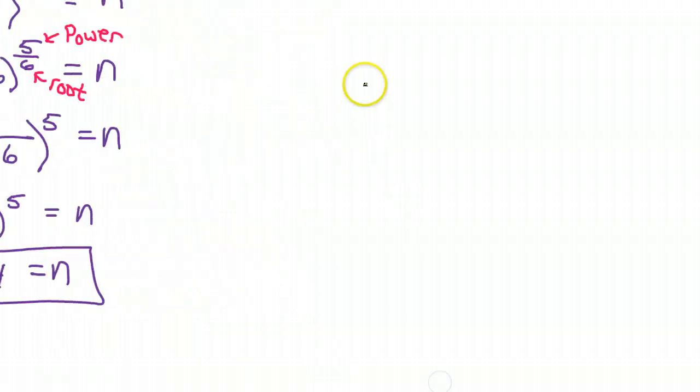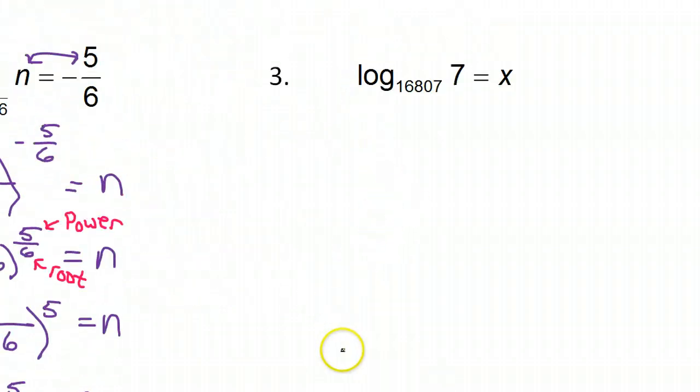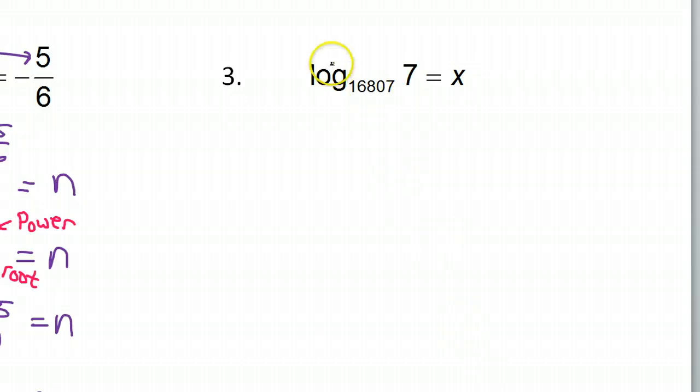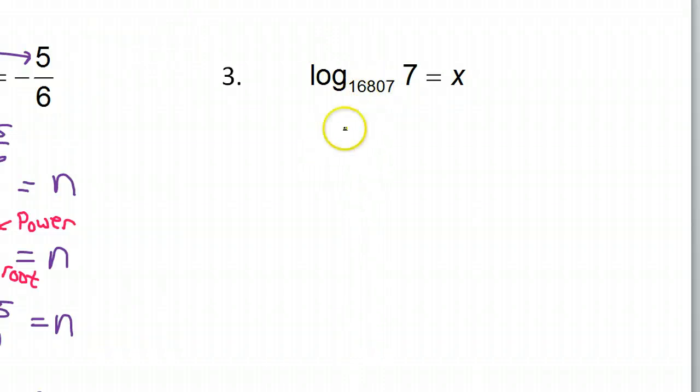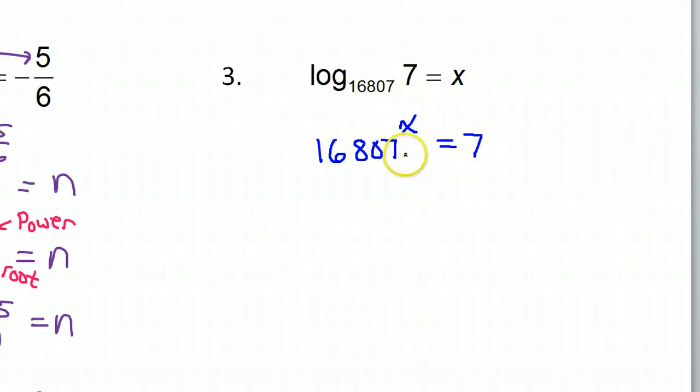Okay, and that just leaves number 3. Well, the variable is already by itself, but whenever we're evaluating something like this, we ask ourselves the question. We start with the base and we say, that base, to what power will give us this other number?